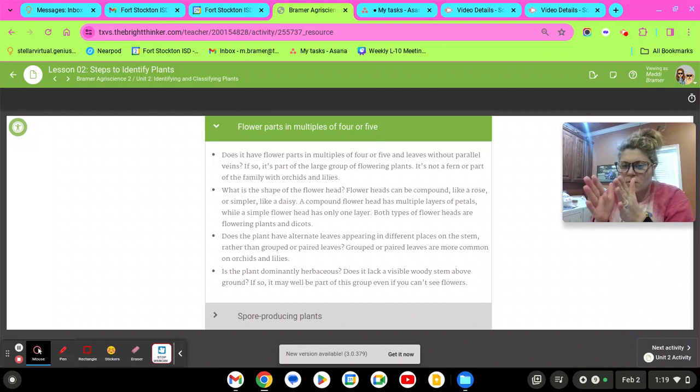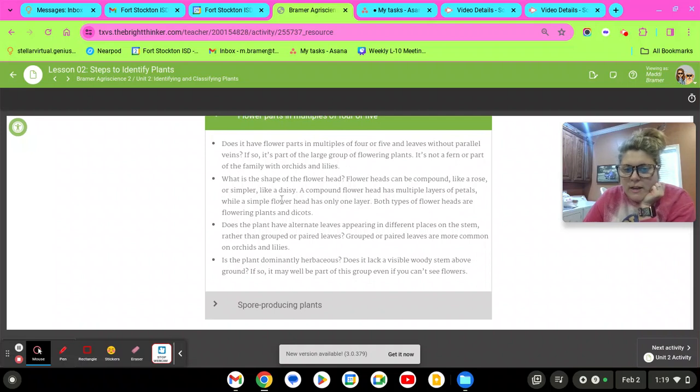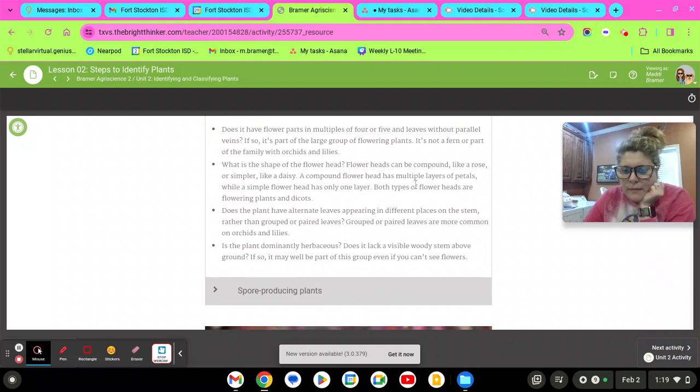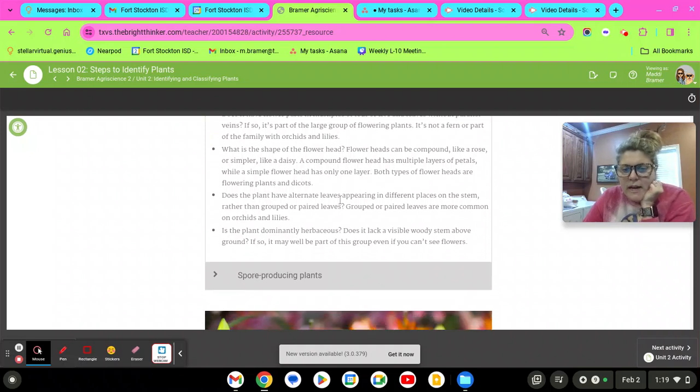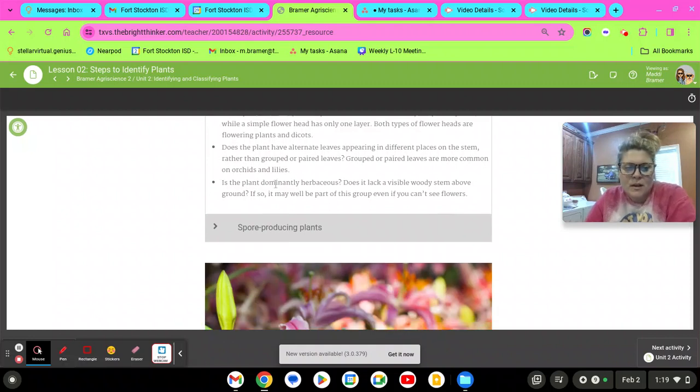So that's what you're looking for in the leaves, those lines. What's the shape of the flower head? Is it compound like a rose or simple like a daisy? Does the plant have alternate leaves, so leaves that go up all the stem, or are they paired together? These are all things you look at when deciding what a plant may be.